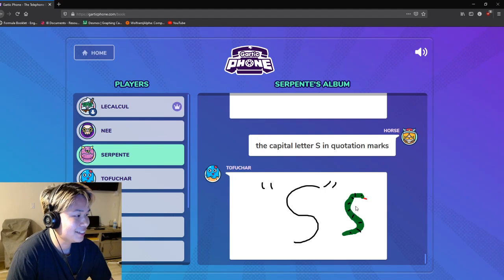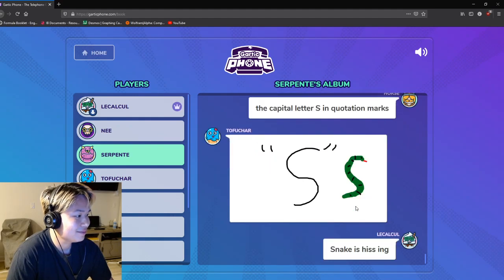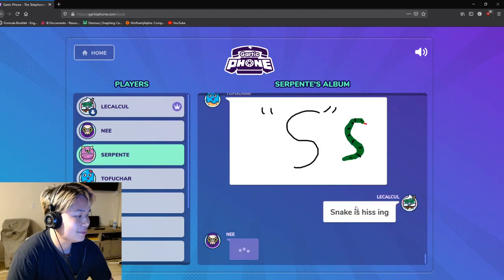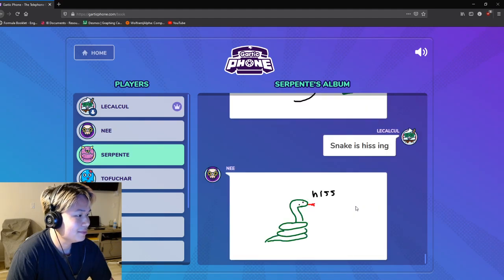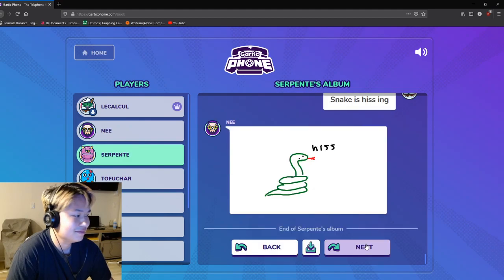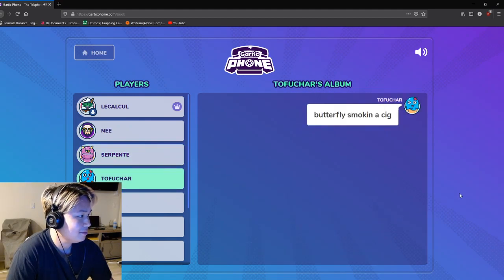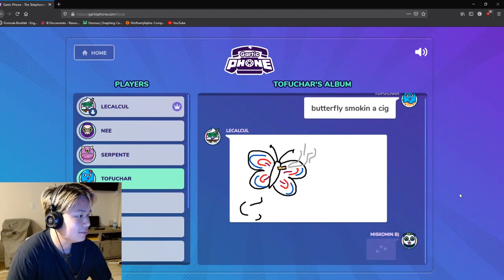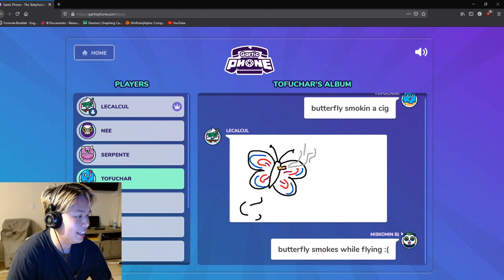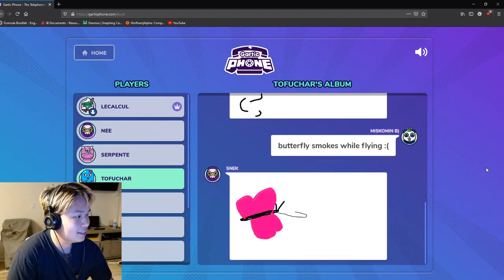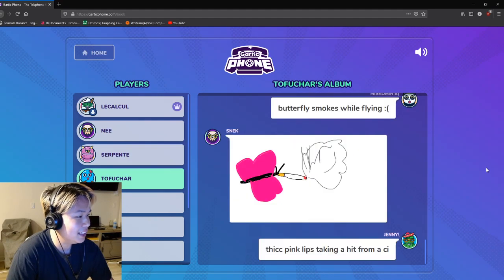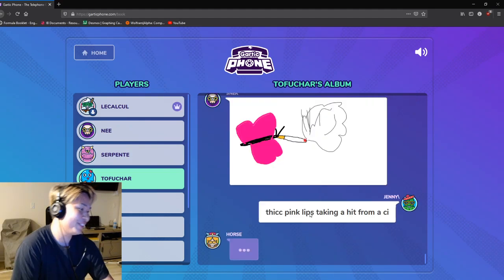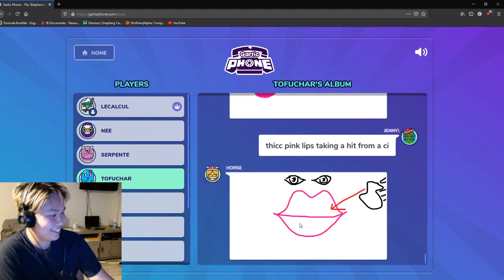Why'd you draw a butterfly smoking a cig? Yeah, butterfly shouldn't be smoking. Thick pickle is getting a hit from a cig. Oh no.